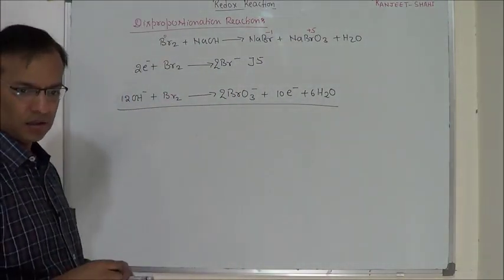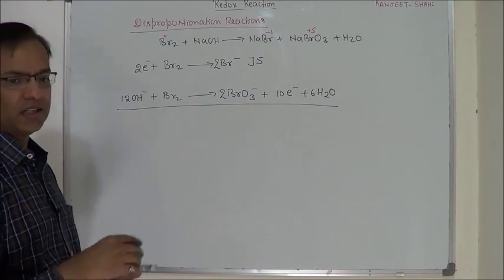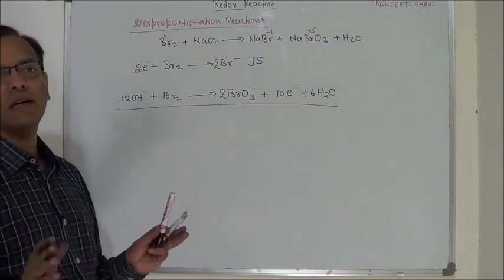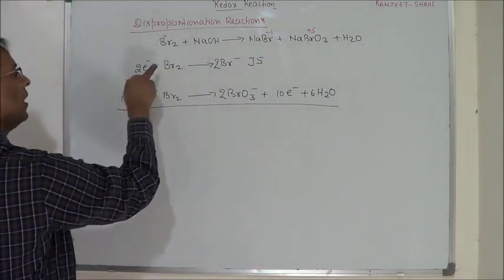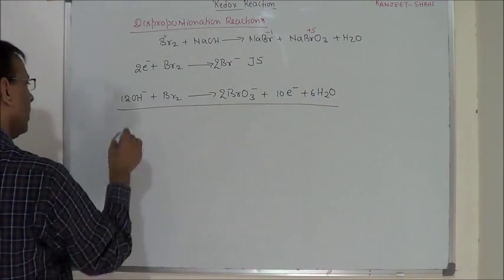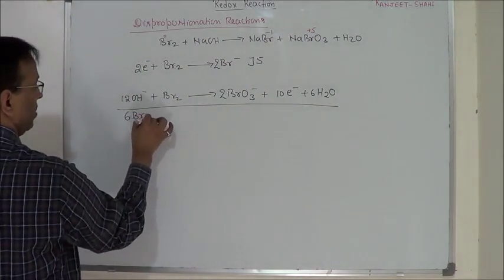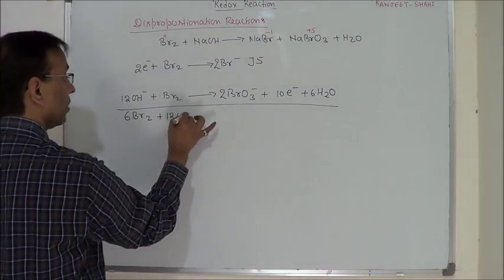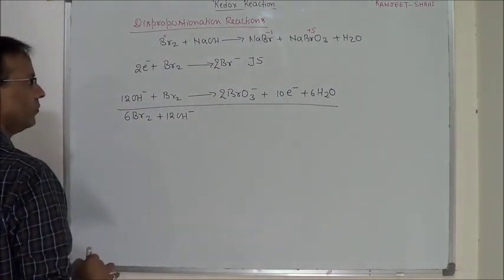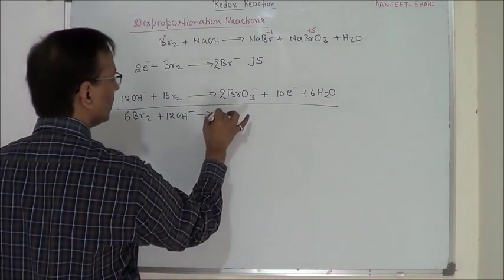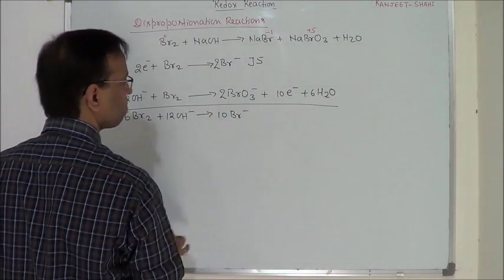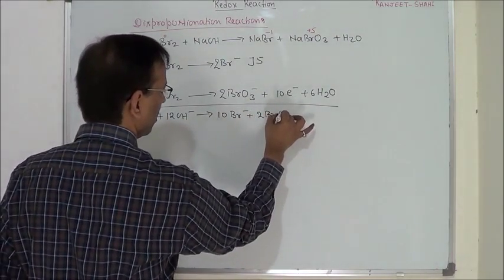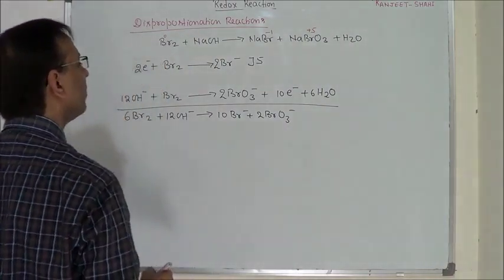While adding, the reactants are the same in both half reactions, so write them collectively at one place. 5 Br2 plus 1 Br2, 6 Br2 plus 12 hydroxide ions, giving 10 bromide plus 2 bromate plus 6 H2O.